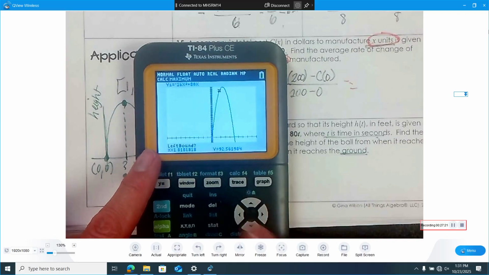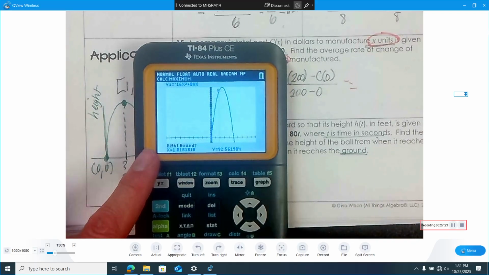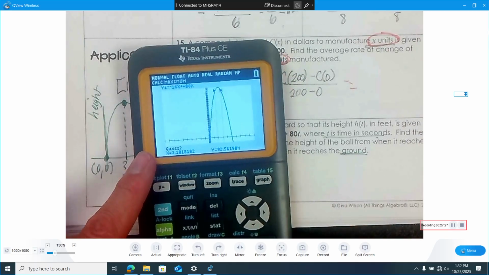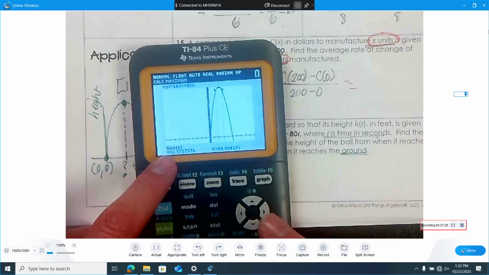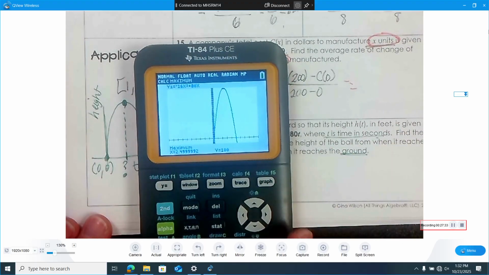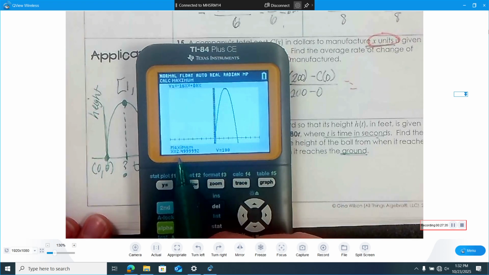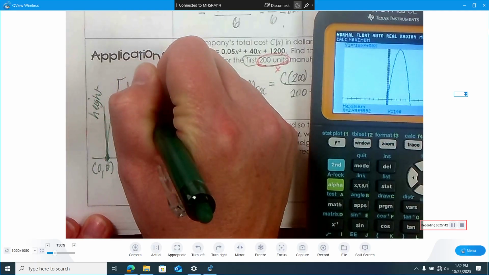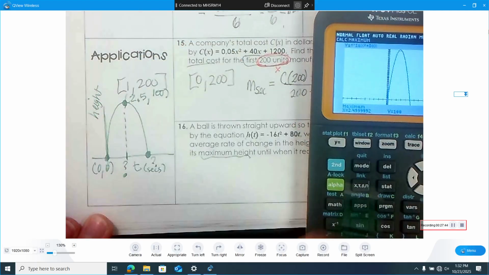So you go left a couple bits, and you hit enter. Then right past it a little bit, and you hit enter. And then you guess. So you move Tinkerbell back to the maximum, and you hit enter. And so the max occurs at, what number is that? 2.4999999? 2.5. It is 2.5, and the max is 100 feet.